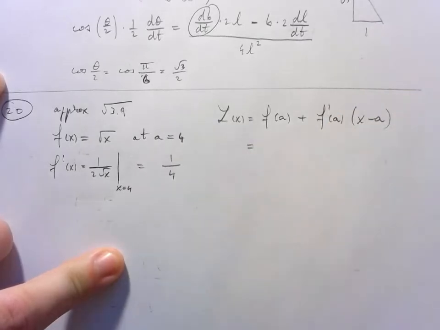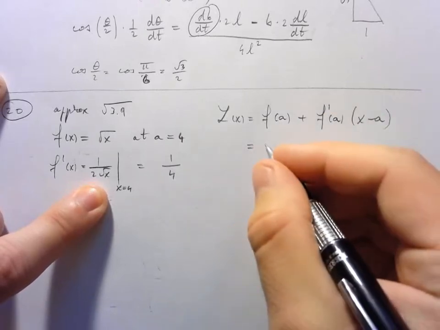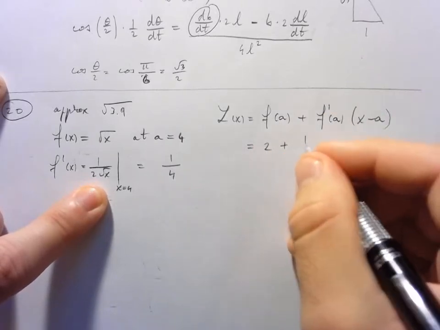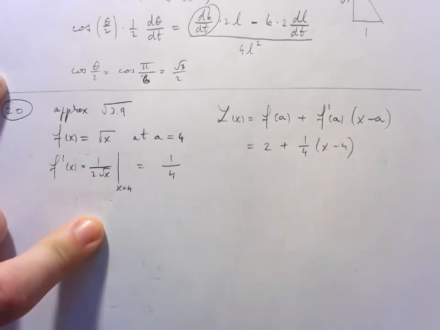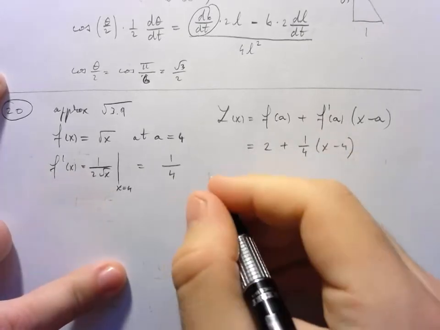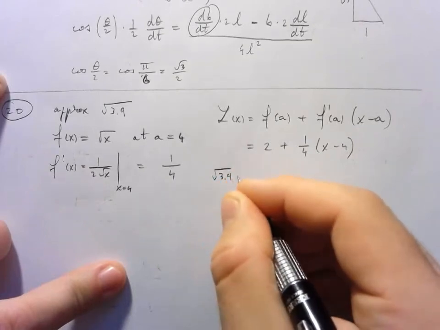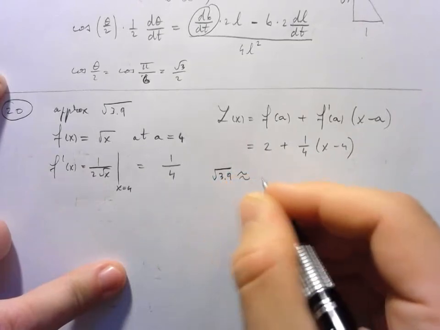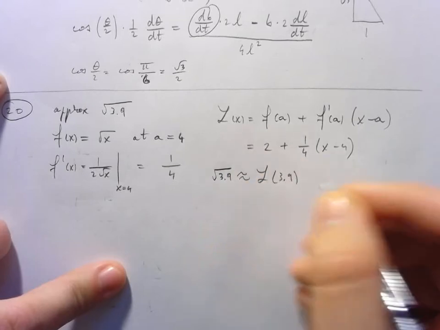So for our particular function, the linearization is going to be f of 4, that's just 2 plus a quarter x minus 4. And to approximate this, the square root of 3.9 is going to be approximately L evaluated at 3.9.